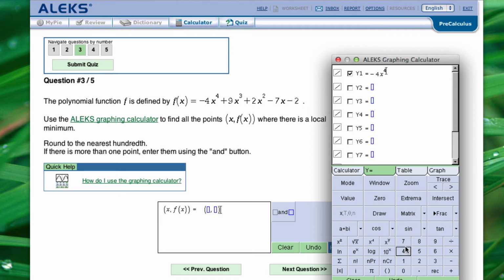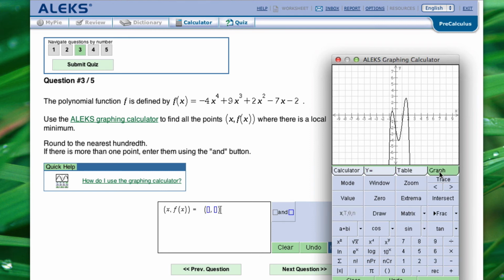Right arrow, make sure you're out of that exponent, and plus 9x to the 3rd power, whoops, right arrow, that doesn't move out, just click on it over here, okay, plus 2x squared, minus 7x, minus 2.